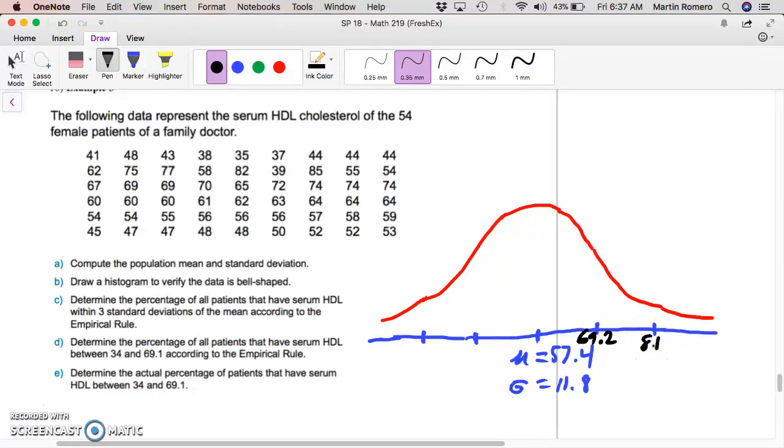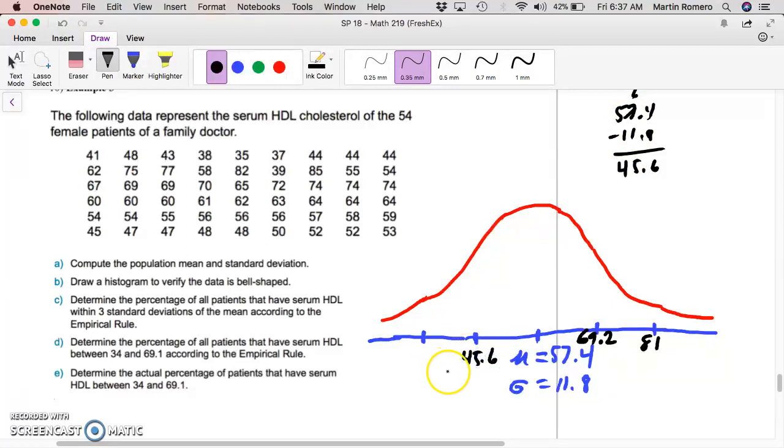Then coming back the other way, we would subtract 11.8, starting from 57.4. I need to do the math here; I don't have my calculator. 57.4 minus 11.8: 14, 6, carry the 6, 5, and so this turns out to be 45.6 right here.